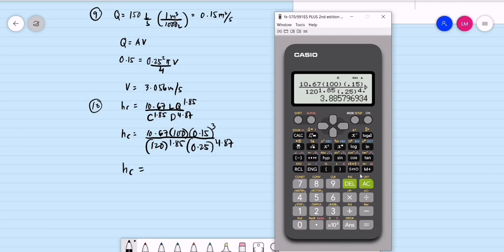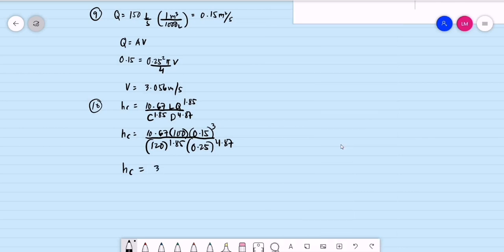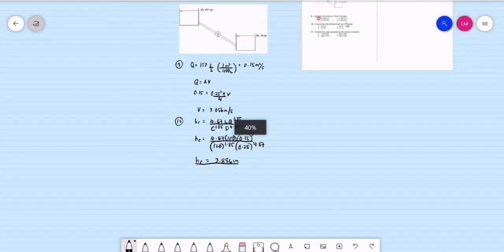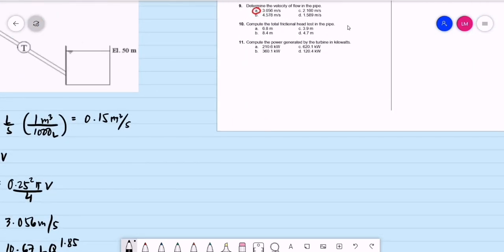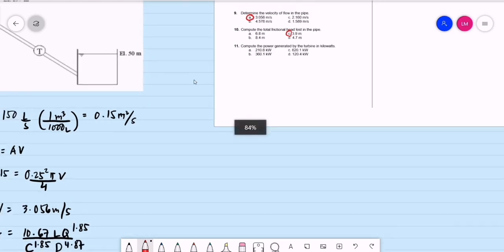That will be equal to 3.886 meters if you are to use 3 decimal places. We check this value on our choices. The closest value, we may assume that it is rounded to letter C, 3.9 meters. That will be our answer for question number 10.